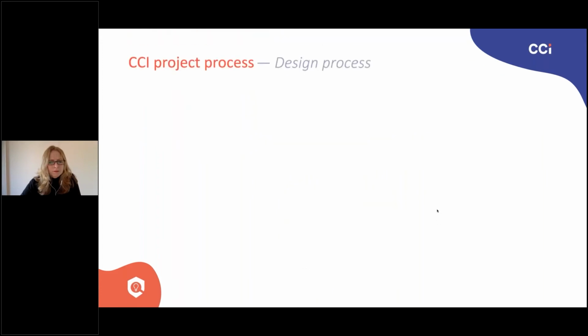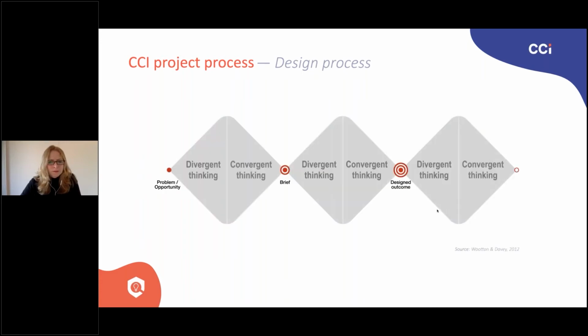So what we did in CCI was we used, as Caroline said earlier, the design process as a framework for the project process. The design process begins with a problem or an opportunity, and then it follows a number of stages of divergent and convergent thinking as you move from your problem or opportunity through the design brief to the designed outcome.